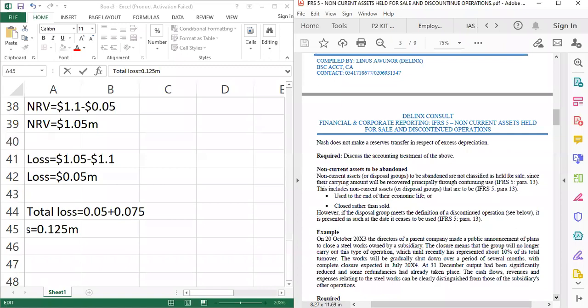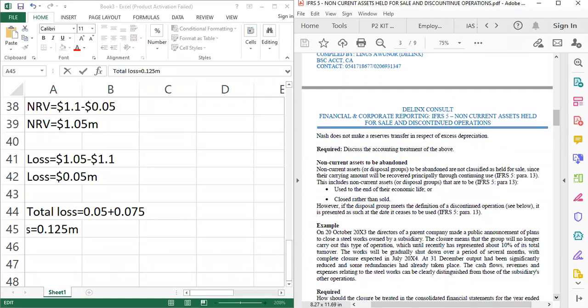An amount that will not be received through sale, we say we have abandoned that particular asset. We are not going to recover the benefit from selling.